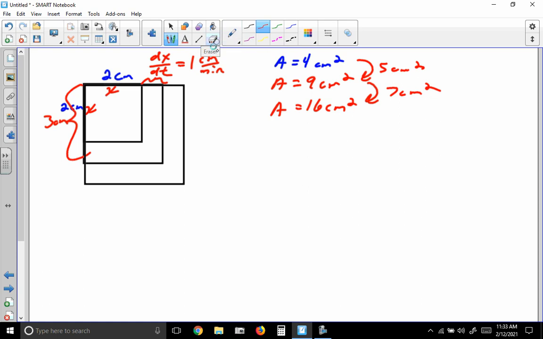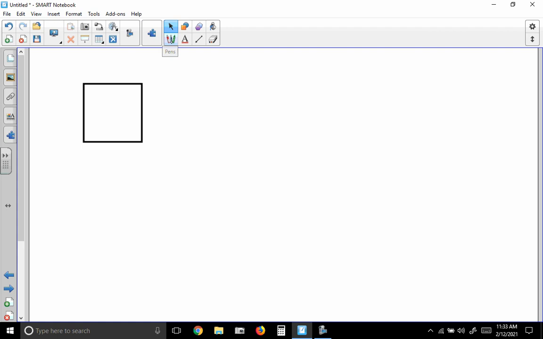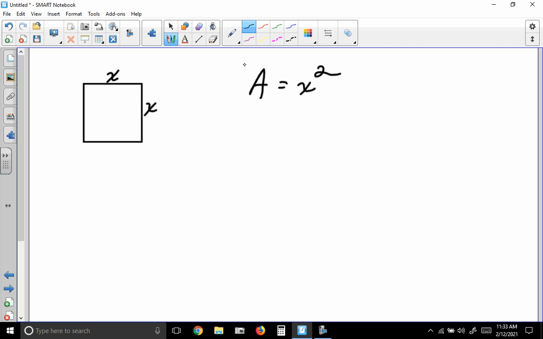So we need to know how our variables are related so we can make a prediction of, okay, if our square is a certain size, and if we know how fast one variable is changing, how fast is the other? So let's call our sides x. So the area of a square is x times x, or x squared.